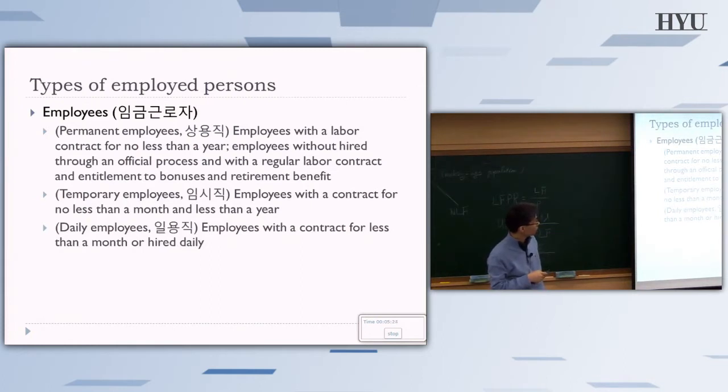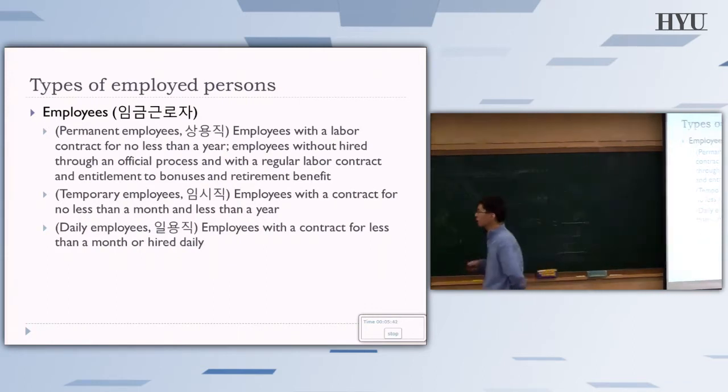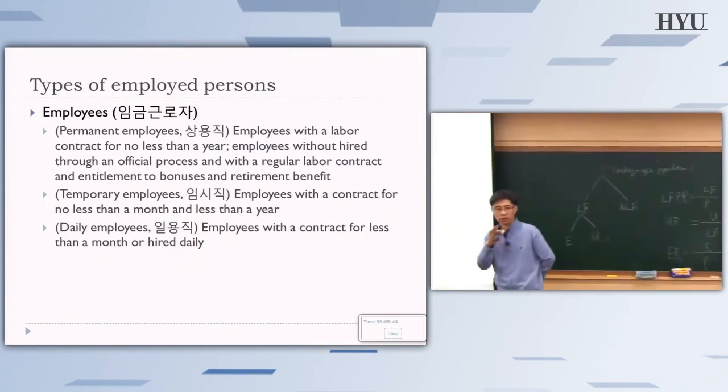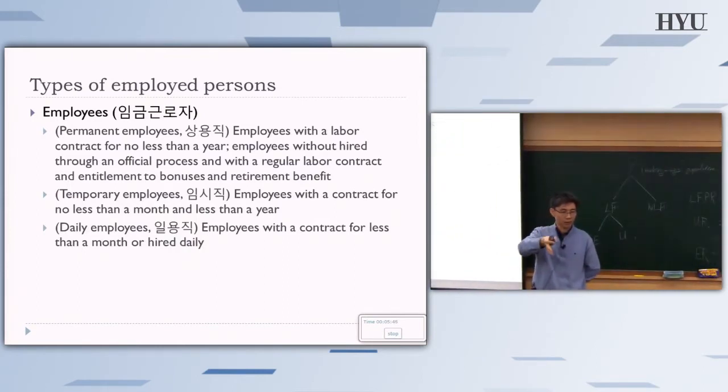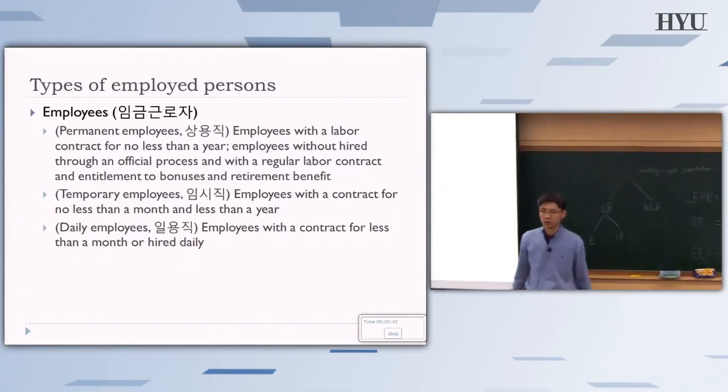But there are some employees without a labor contract, actually without a labor contract with a specified length. Some employees are employed without a contract that has a specific length of service.